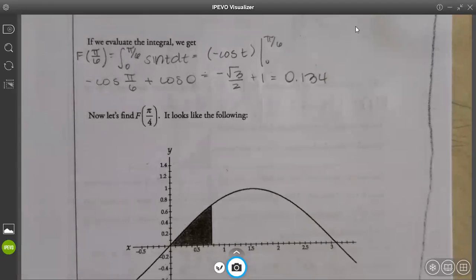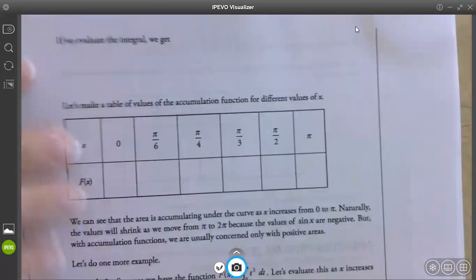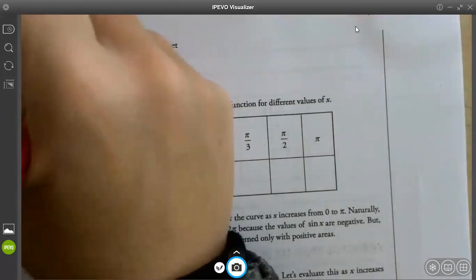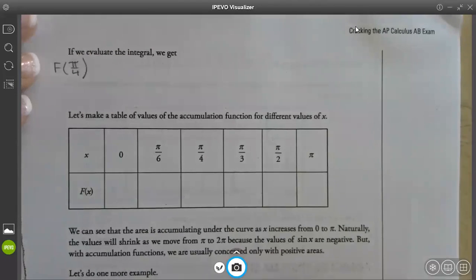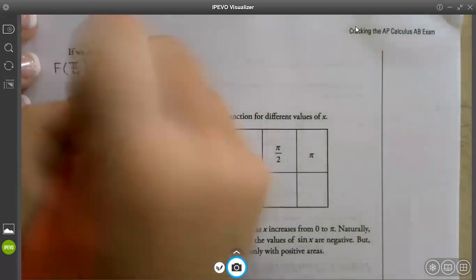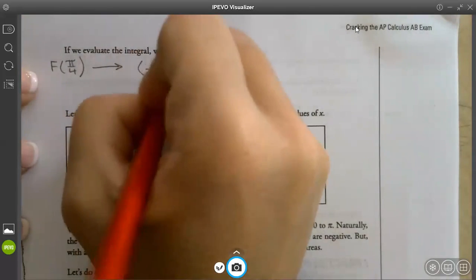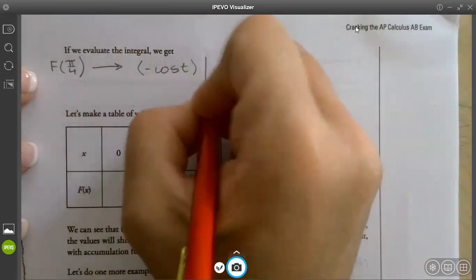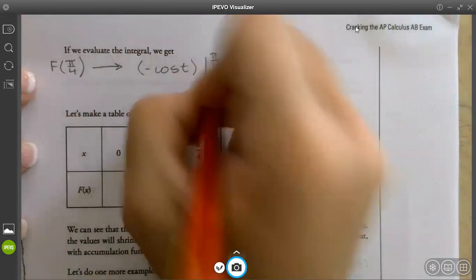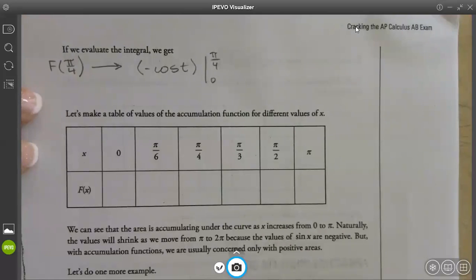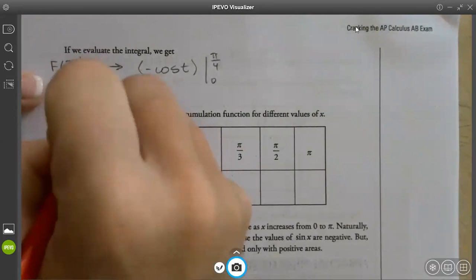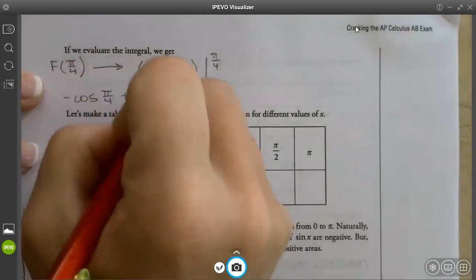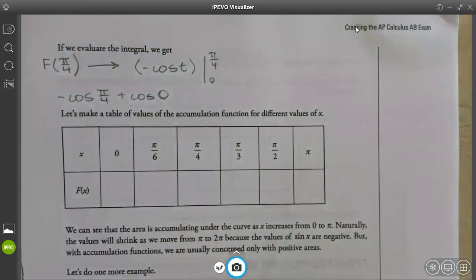We're almost done. Told y'all it would be long. We're going to do the same exact thing. I'm going to shorten it up a little bit. We're going to get negative cosine t from 0 to pi over 4, which means we would get negative cosine pi over 4 plus cosine 0.